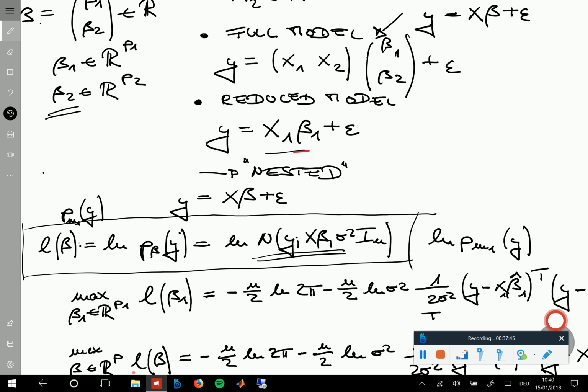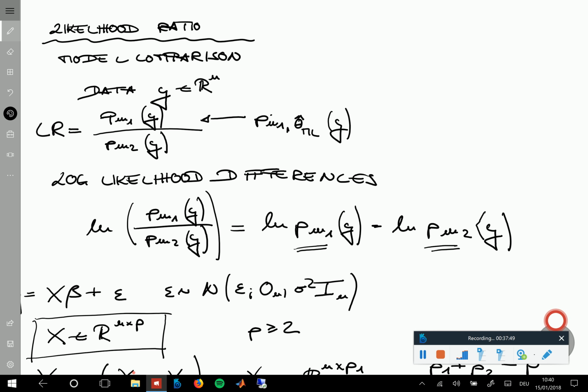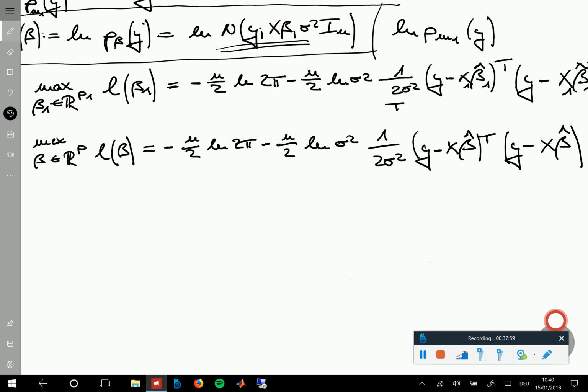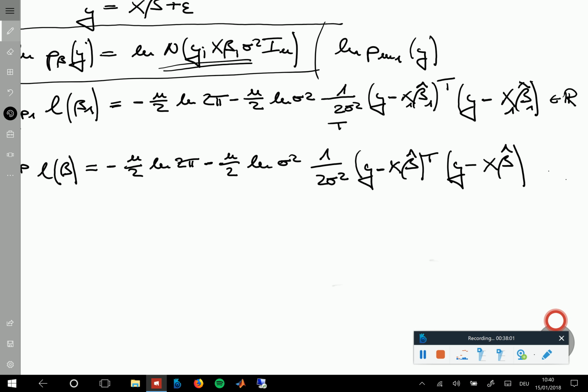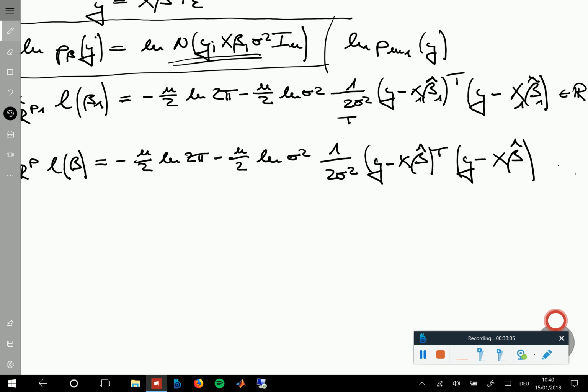And now for these two models, we looked up these values, namely the probabilities of the data under these models, and wrote them down because we want to do a likelihood ratio comparison or a log likelihood ratio difference.